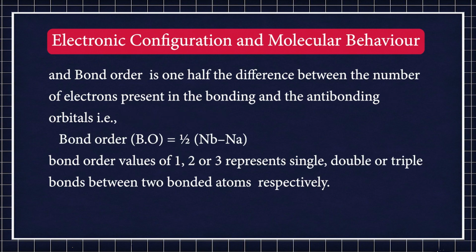Bond order is one half the difference between the number of electrons present in the bonding and the antibonding orbitals, that is, bond order is equal to half of (Nb minus Na). Bond order values of 1, 2 or 3 represent single, double or triple bonds between two bonded atoms respectively.